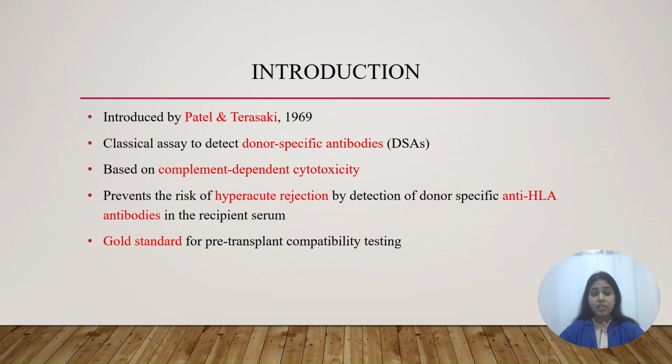Due to their presence, they can cause hyperacute or acute rejection in the patient, and eventually the patient's life will be at stake. And our main and prime responsibility is to ensure the patient's life. That is why we need to detect the donor-specific antibodies.